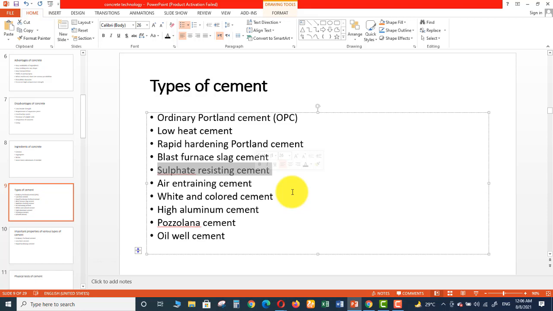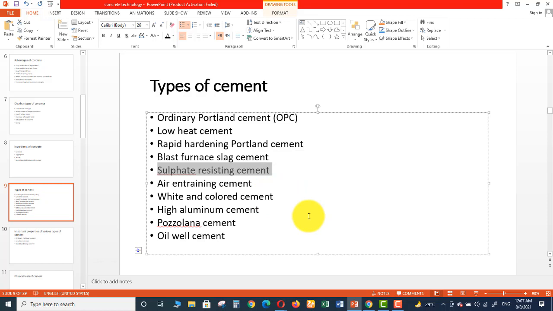In such conditions, we will prefer sulfate resisting cement. As I have mentioned the examples, such as canal lining, culverts, water drains. So in such cases, we will prefer sulfate resisting cement.